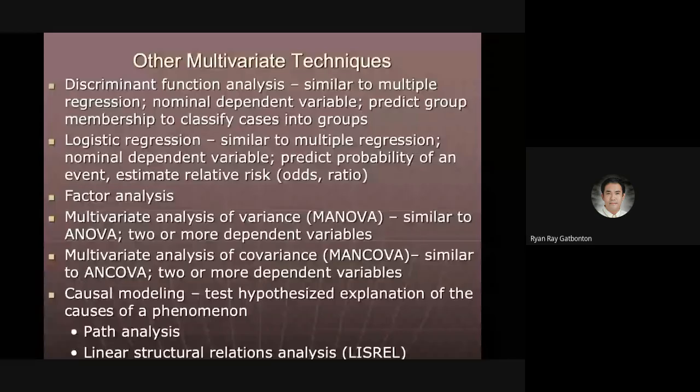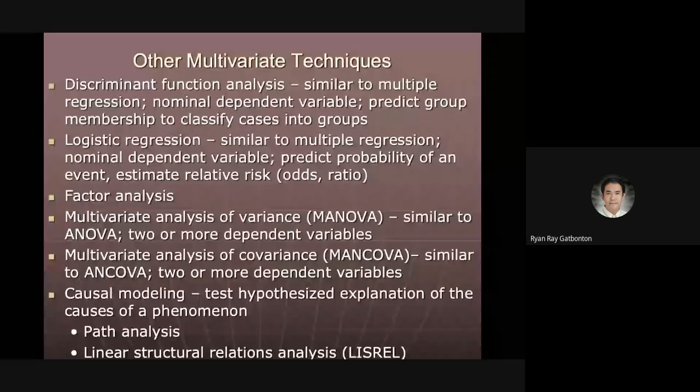So there are other also multivariate techniques. May tinatawag na discriminant function analysis. Okay? It's like multiple regression pero it's on the nominal dependent variable. Meron din tayong tinatawag na logistic regression. Pag sinabing logistic regression, it estimates relative risk, yung odds ratio.